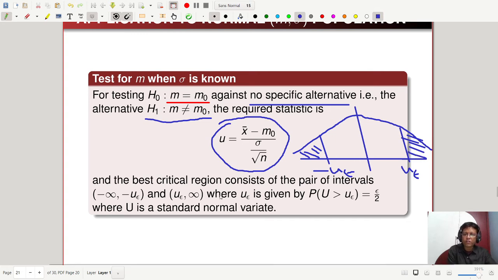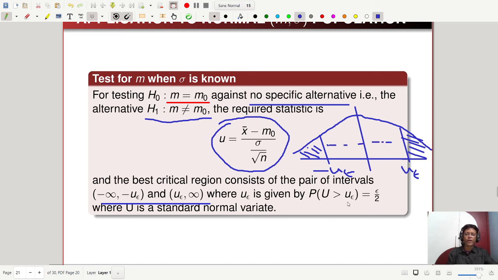So it gives a critical region consisting of a pair of intervals, minus infinity to minus u epsilon and u epsilon to infinity, where u epsilon is given by probability of, if this is epsilon by 2, this is epsilon by 2. So this side will be 1 minus epsilon by 2. This acceptance region will be 1 minus epsilon, right?